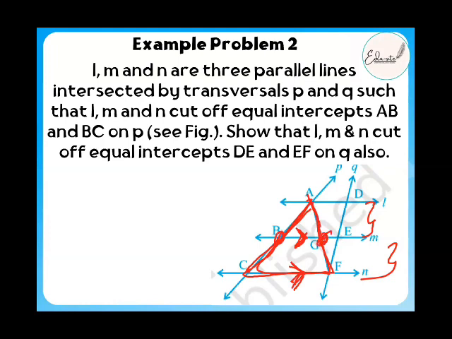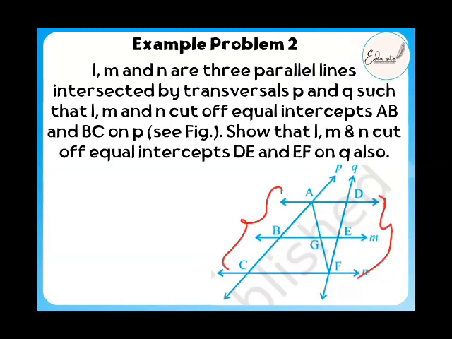If you prove G is a midpoint, then we'll consider another triangle, ADF. In ADF, you can apply the midpoint theorem for GE and AD, and then E becomes the midpoint. If E is a midpoint, then DE is equal to EF. That's all. Understood how to prove this?